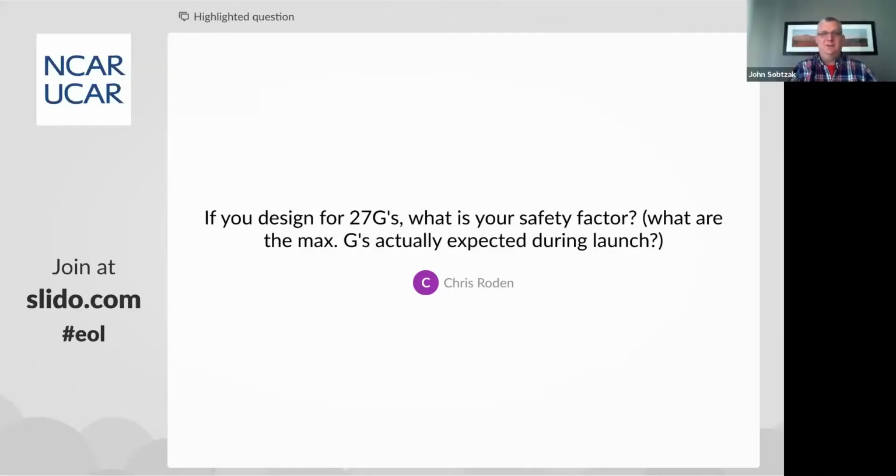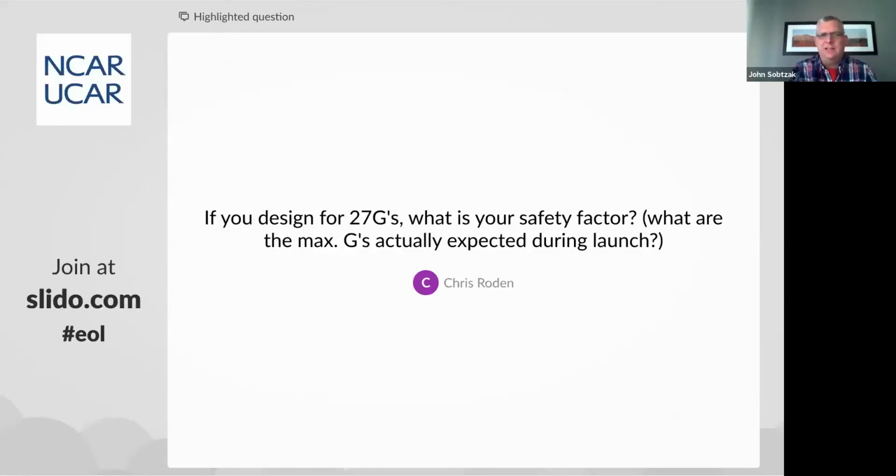So then you get into the wonderful world of acceptance testing versus qualification testing. The acceptance levels are much lower. I think they're around 19 Gs, but they want us to shake it up to 27 Gs as a safety factor, the qualification to qualify it for launch.